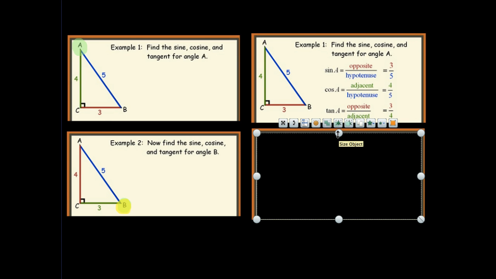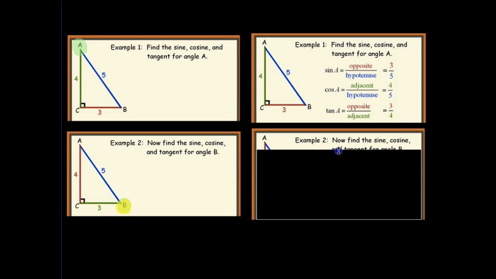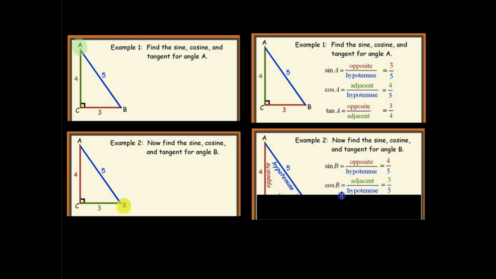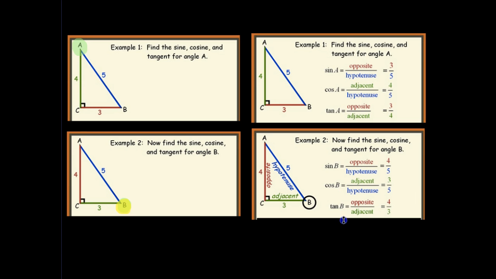Let's look at the sine. Remember, sine is opposite over hypotenuse. The opposite from B is now 4, and the hypotenuse is still 5. For cosine, the adjacent is now 3, and the hypotenuse is still 5. Finally, with tangent, we have opposite over adjacent, so we have 4 over 3.